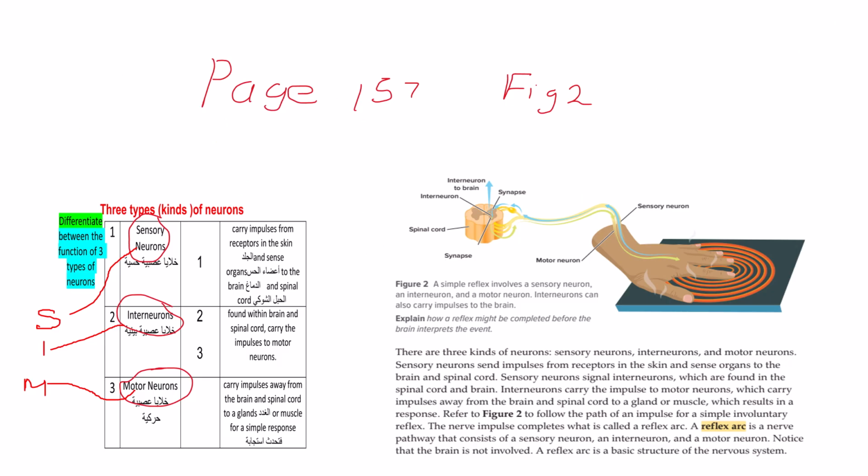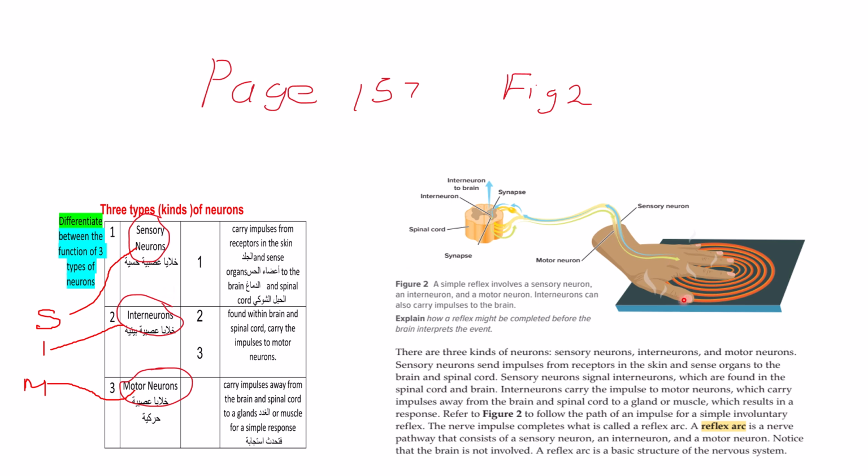Coming to the reflex arc, as I discussed earlier, a reflex arc is mainly handled by the spinal cord, not by the brain, because without even thinking, you respond to that particular situation. That's a reflex. There are 3 types of neurons: sensory neuron, interneuron, and motor neuron.